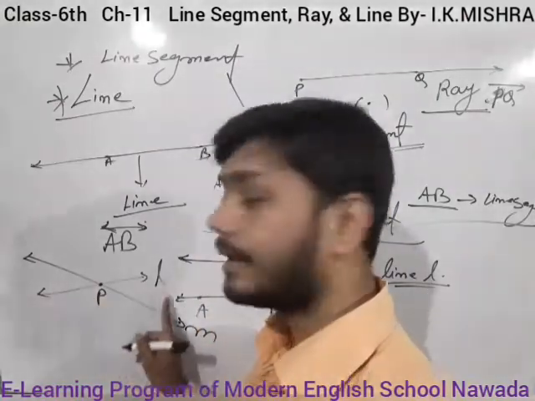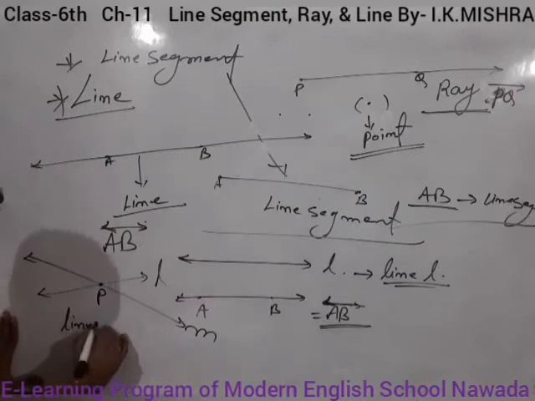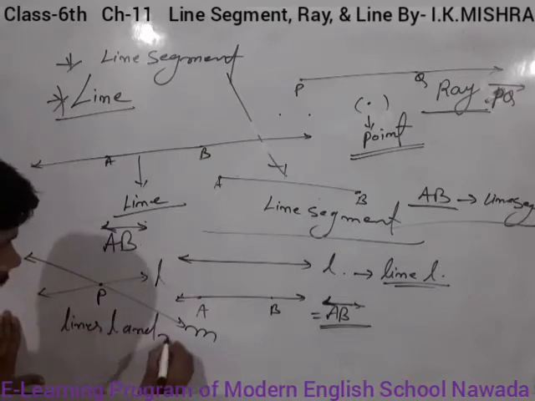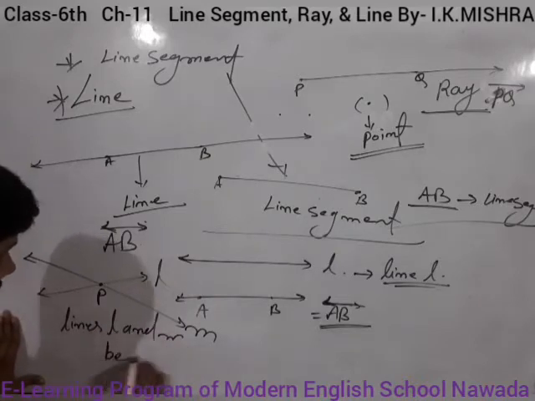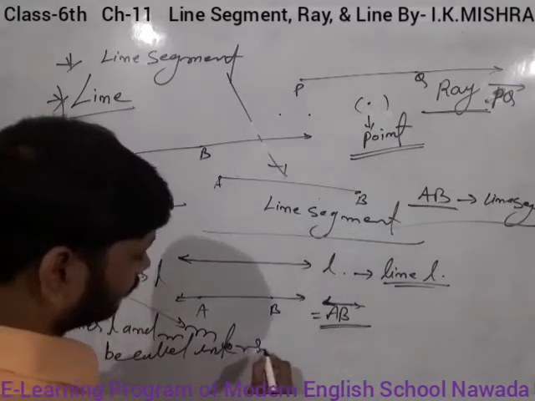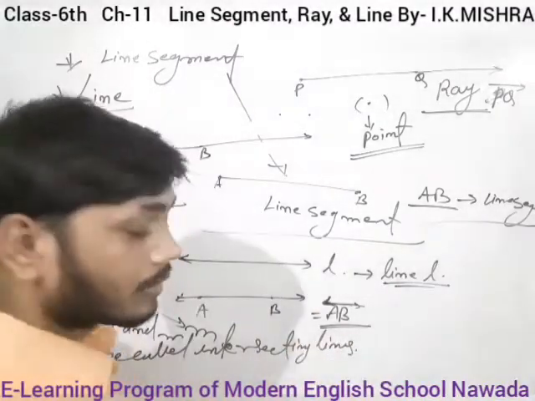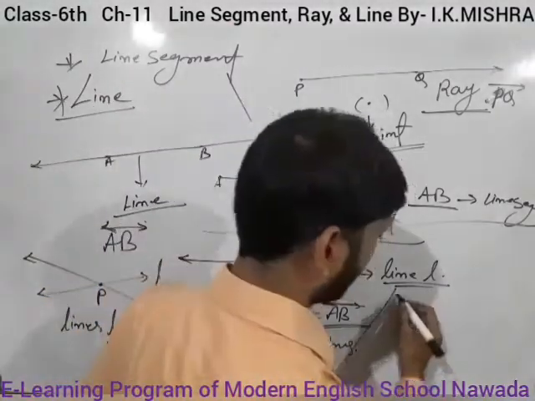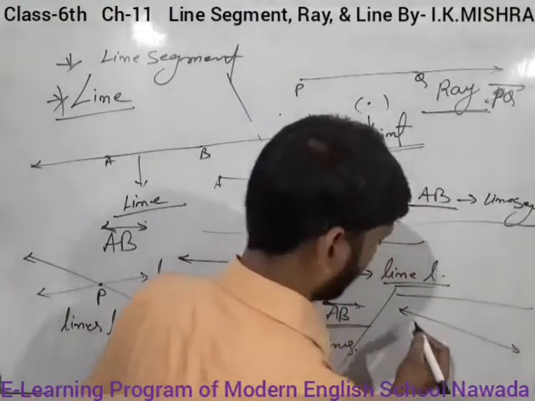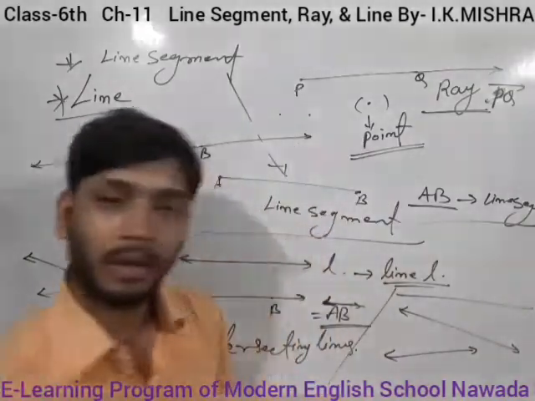So these lines L and M we call intersecting lines. Friends, here is another example I write. Here one line is this, and another line is it.